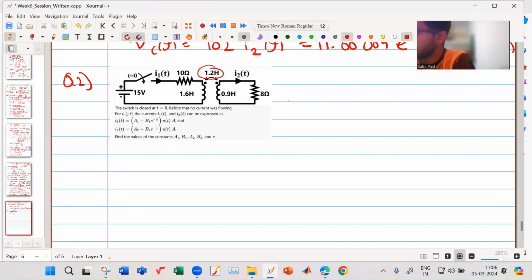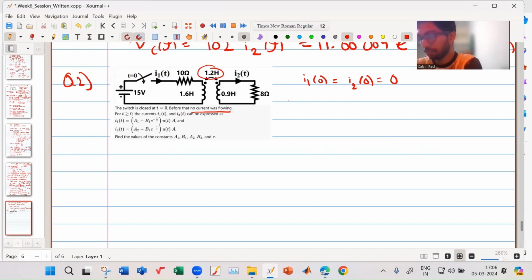Mutual inductance, yes. Also, one more thing they have told is that there was no current flowing. This is important. So I1 of 0 was 0 and I2 of 0 also was equal to 0. The current at time t equal to 0 is 0.